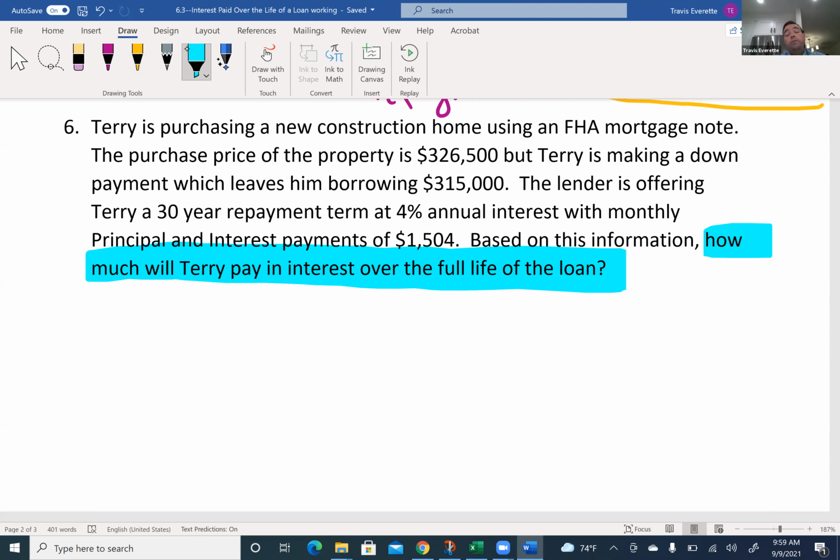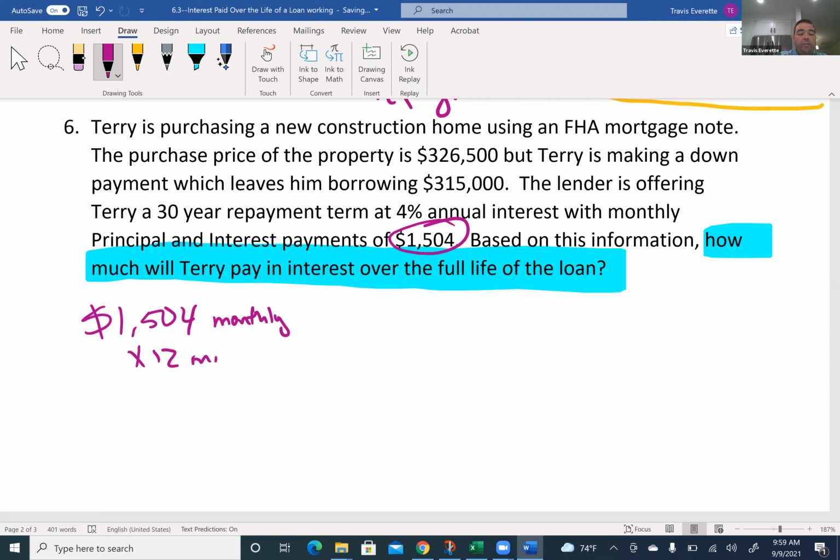First of all, here, they've given you way more information. They've given you a lot of garbage in this question, stuff we just don't need. But if we're talking about paying a loan back, we got to start with a monthly payment. And so in this case, we got to start at $1,504 a month. There's our monthly payment every month. So that's 12 months a year.